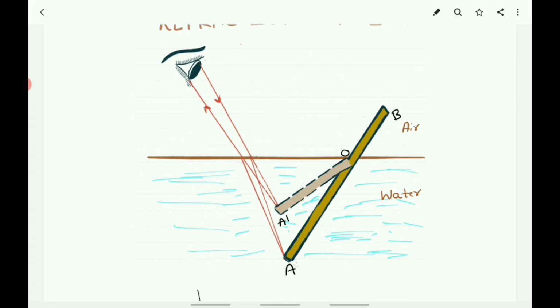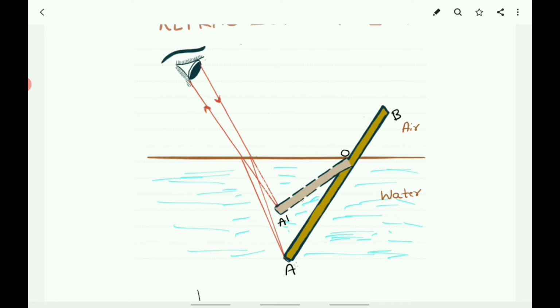Does a pencil appear to be displaced to the same extent if instead of water we use liquids like kerosene or turpentine? Will the letters appear to rise to the same height if we replace the glass slab with a transparent plastic slab? You will find that the extent of the effect is different for different pairs of media.